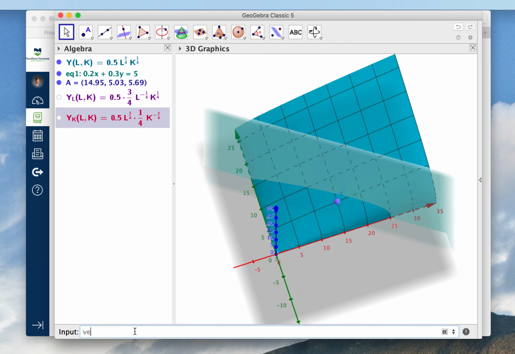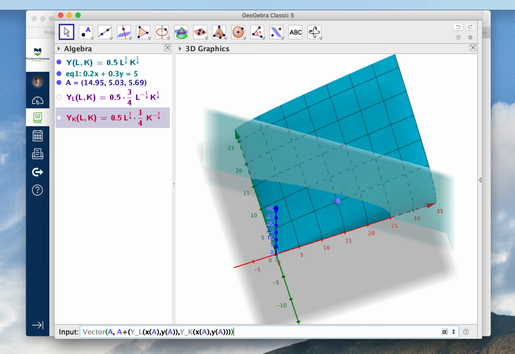So we're going to make a vector that starts at A and from A heads in the direction of y sub L of x of A, y of A, comma, y sub K of x of A, y of A. Cool.